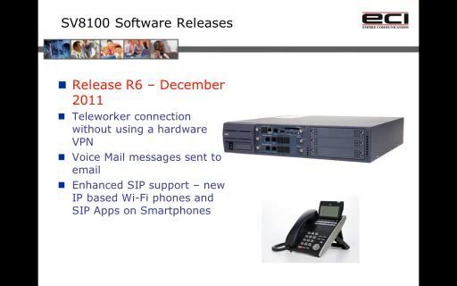So as staff were becoming decentralized, people working from home, what R6 allowed you to do is have an NEC IP phone sitting at home, connected without using a hardware virtual private network connection. This was a big advantage because it would allow you to move your remote IP phone around without having to take other bits and pieces of hardware with you.